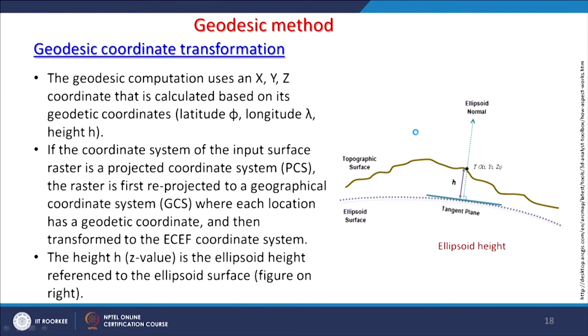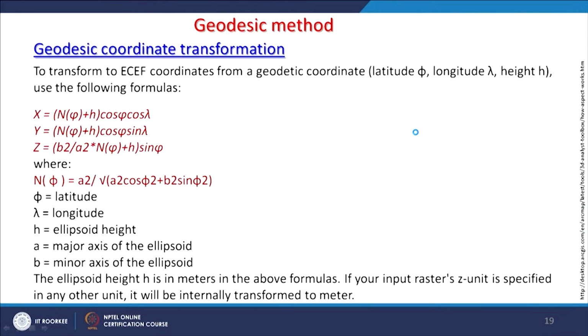Now, using this you can again calculate aspect more accurately, and the same discussion about the geocentric or geodesic coordinate transformation we have discussed in the slope discussion. So, I will move forward on this one.